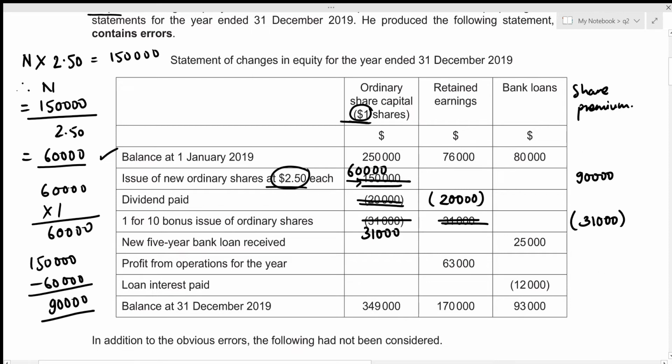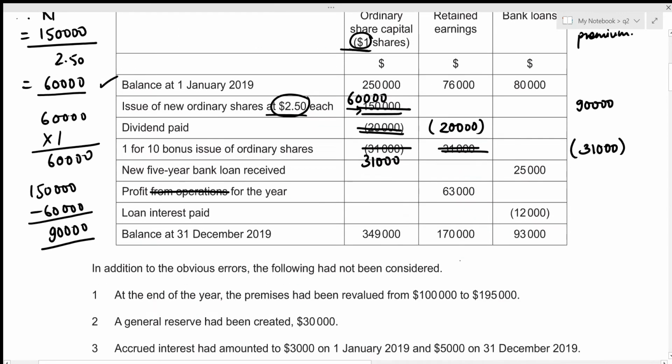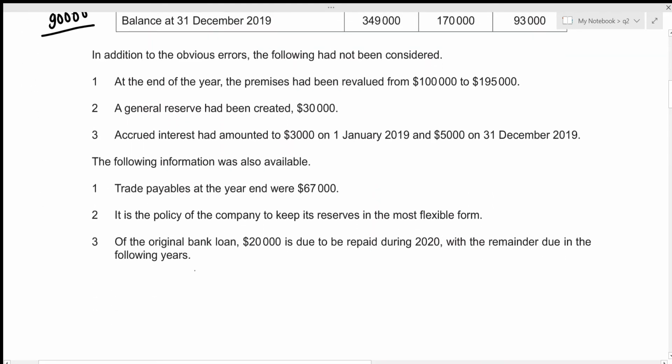Okay, then we have a bank loan received, which is entered correctly into our bank loans column. Then we are given profits from operations, which is being added to our retained earnings. But we know that rather than the profit from operations, we actually include our profit for the year. So let me just correct this. Profit for the year should be added, and we actually need to figure it out. So I'm just going to do it right here.